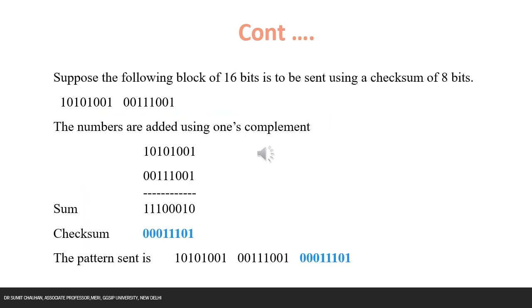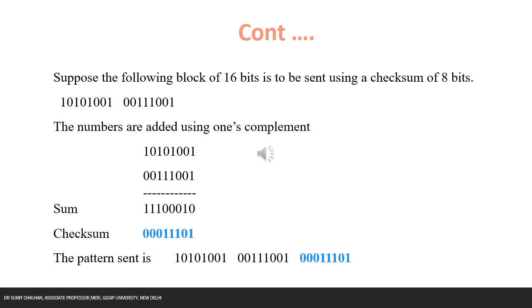Now to make it more clear, we have an example. Suppose the following block of 16 bits is to be sent using a checksum of 8 bits. So we have this block of 16 bits, two 8-bit sections, then we'll add these two numbers using 1's complement. So our sum would be 1 1 1 0 0 0 1 0.